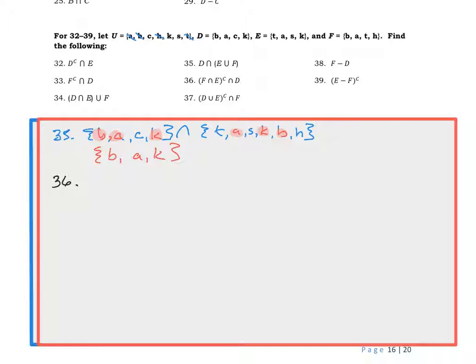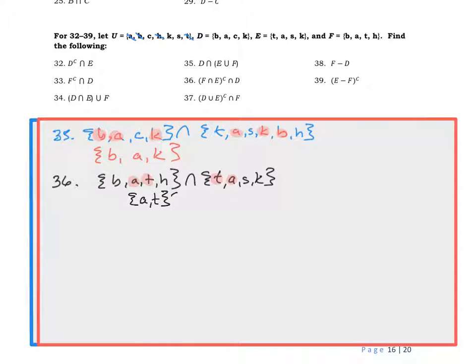And then we'll intersect that with set D. So we have B, A, T, H as the elements of F. And in E, we have T, A, S, K. So let's highlight what they have in common. It looks like the A is in common and the T is in common. But recall, we want the complement of that.